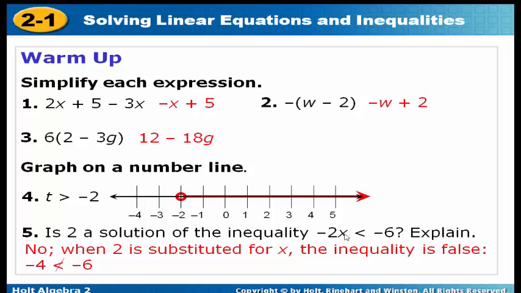Is 4 smaller than negative 6? 4 is greater than negative 6. So negative 2 does not satisfy this inequality. When negative 2 is substituted for x, the inequality is false because 4 is not smaller than negative 6.